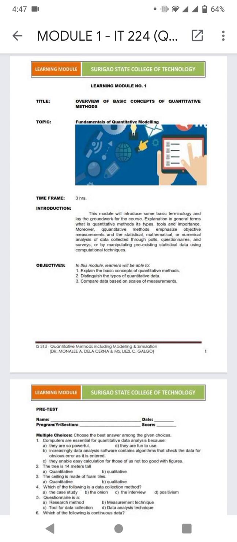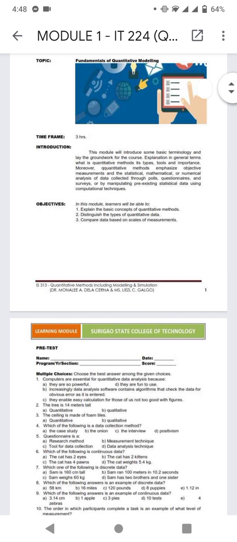So here's Module 1, entitled the overview of basic concepts of quantitative methods. This module has introduced some basic terminologies that lay the groundwork for the course. It explains what quantitative methods are, their types, tools, and importance.